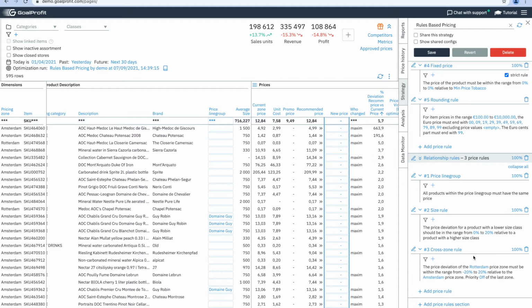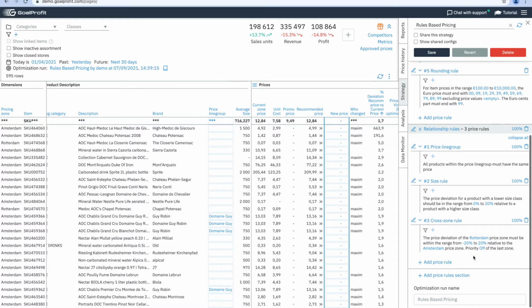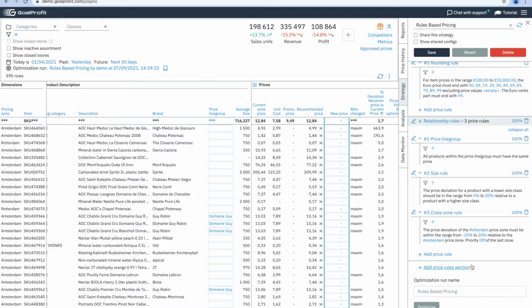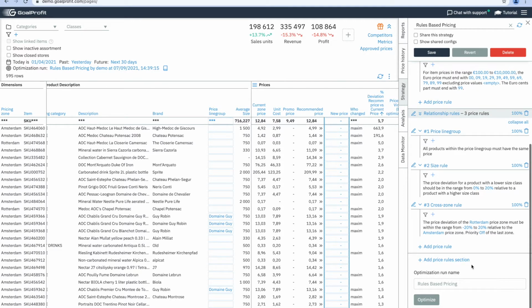It isn't required, but in many cases, if you have 2 pricing zones very close to each other, you don't want to have a strong price differentiation between them. This pricing rule will help you to keep those two regions not too far from each other from a pricing perspective.